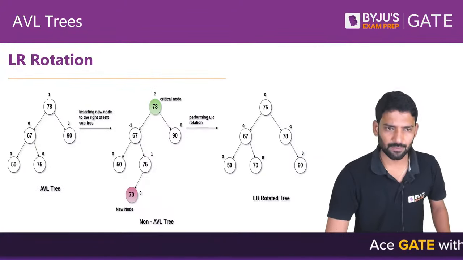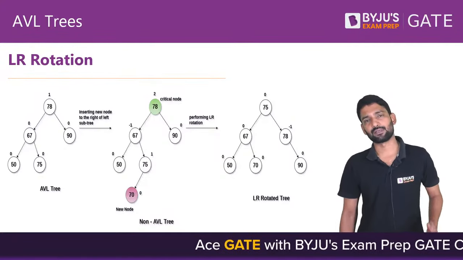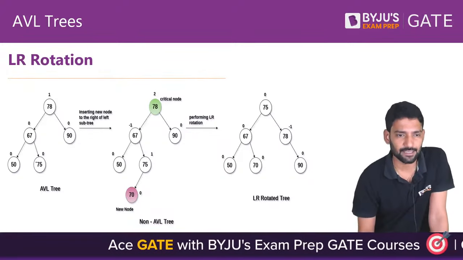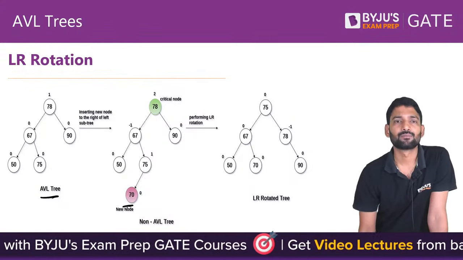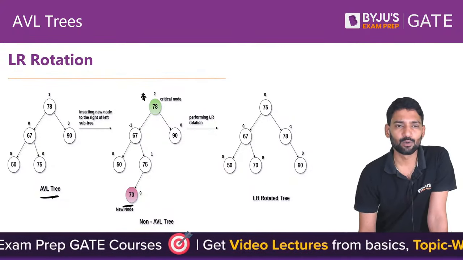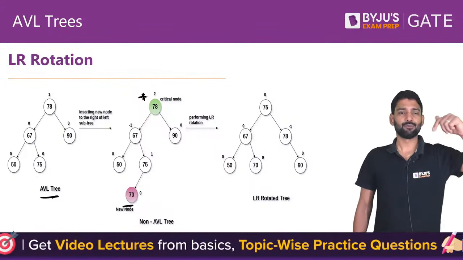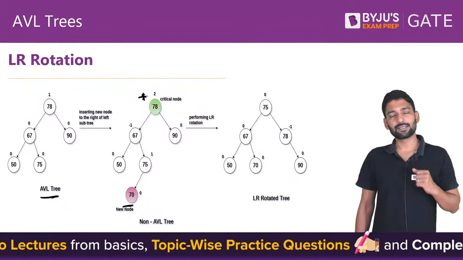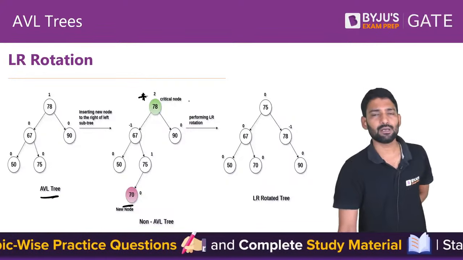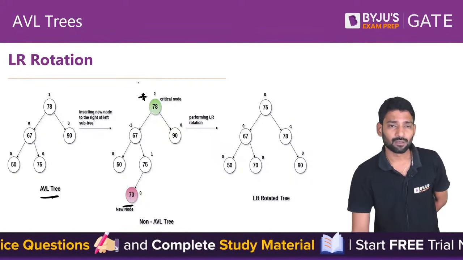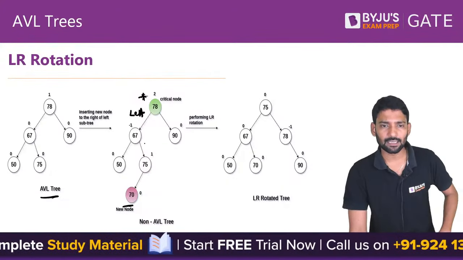Okay. Similarly, quickly let us see LR rotation. What is LR rotation? Left, right. So if there exists an AVL tree and you are inserting a new node, because of that one node became critical. Till now it was not, but now it became critical. Why? Because you have inserted a new node to this 78's left side, to that right side.